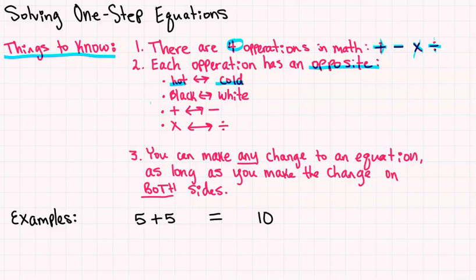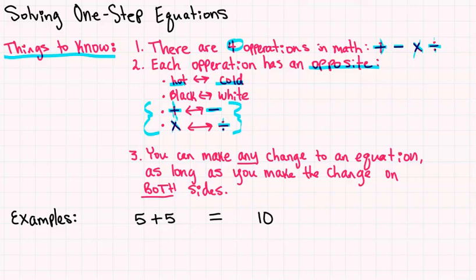Mathematically, the operation that's opposite of addition is subtraction, and the opposite of subtraction is addition. Similarly, the opposite of multiplication is division, and the opposite of division is multiplication. So this is a basic rule we really have to remember from day one because we're going to be using it practically every day in Algebra 1.